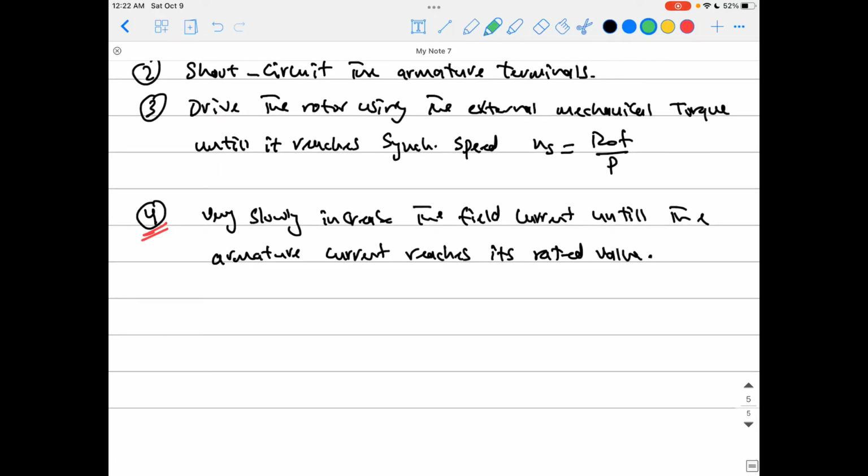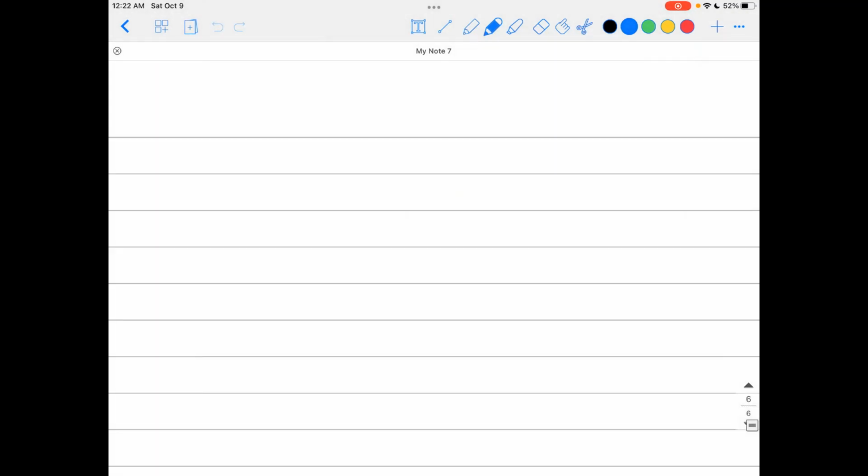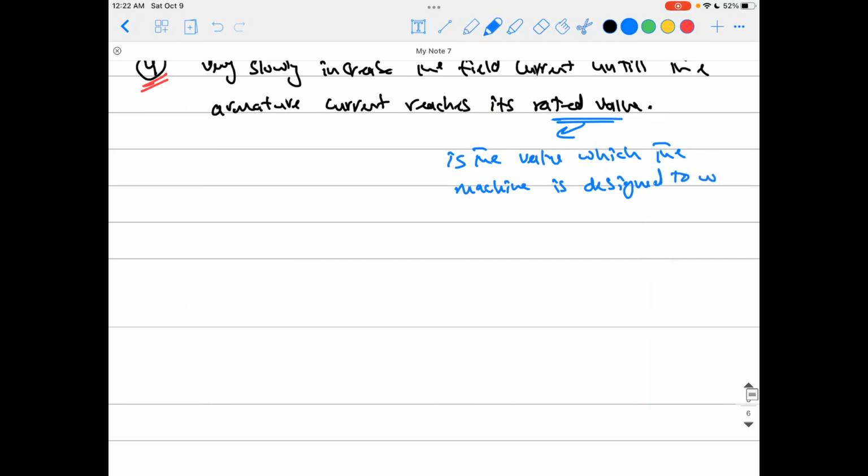What do we mean by the rated value? The rated value is the value which the machine is designed to work at continuously, without damage.